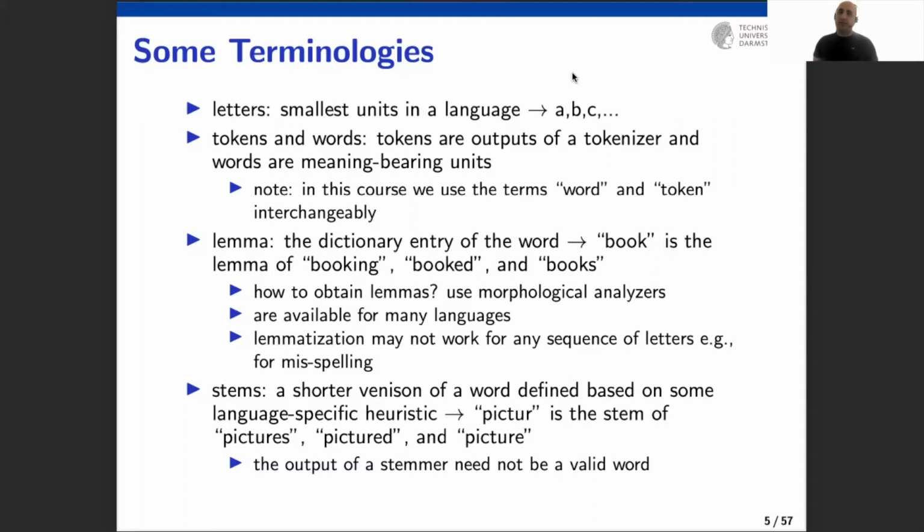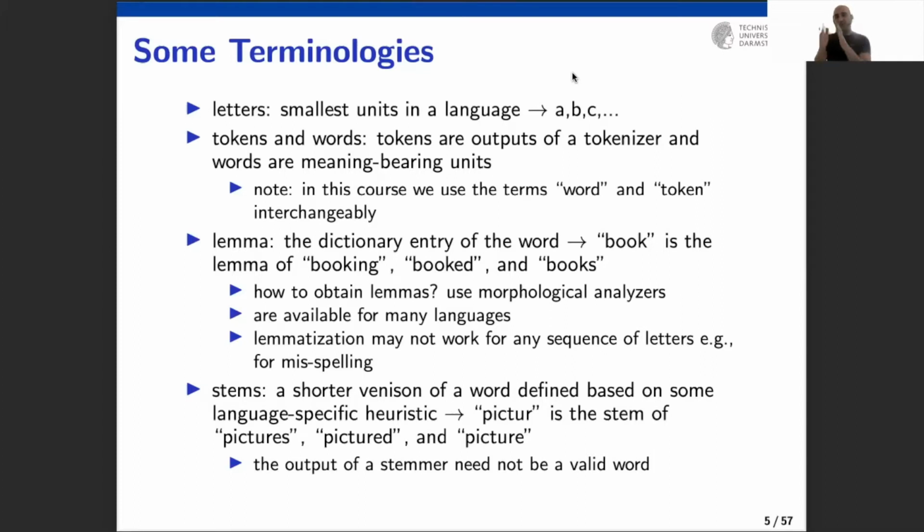Okay, so now we know about letters, tokens, words, lemmas, and stems. The most important part here is tokens and words, which can be easily obtained by tokenizers. The simplest tokenizer in the world, at least for English, separates tokens based on white space.